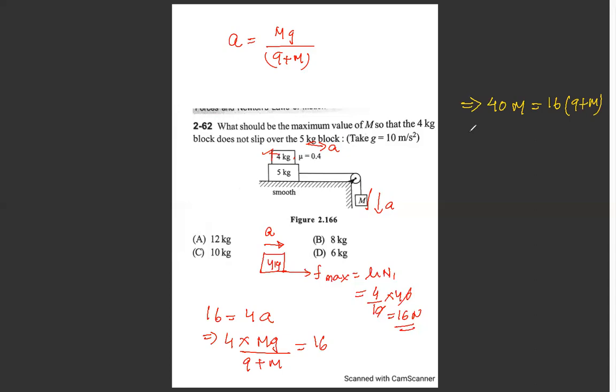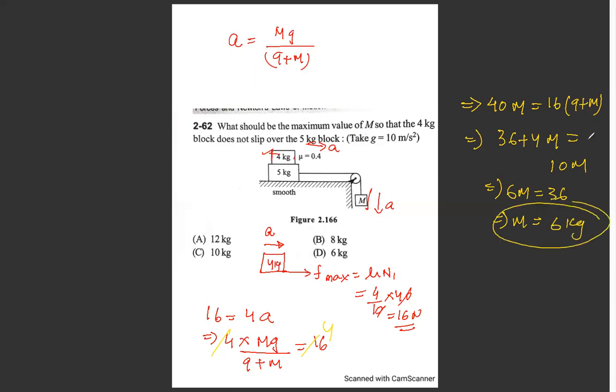So this is 36 plus 4m is equal to 10m. So 6m equals 36, and m is equal to 36 by 6, that is 6 kg. So this is the answer to the question.